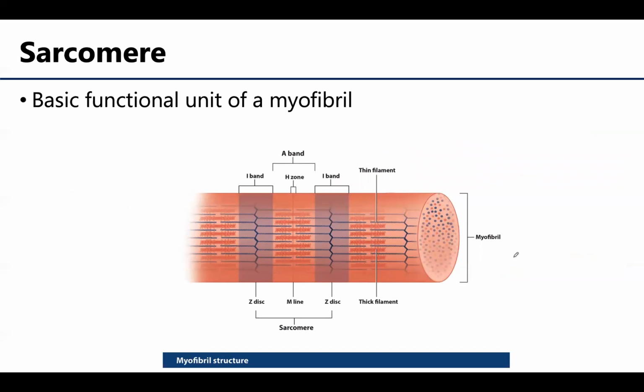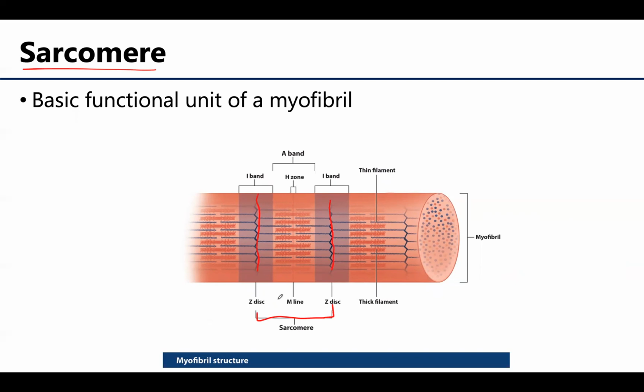So the organization of these structures is into these basic functional units called sarcomeres. On each end of the sarcomere, you will have these Z discs. You can see one here, and one here, and basically that space in between is one sarcomere.